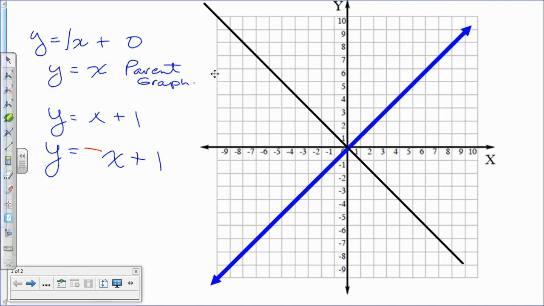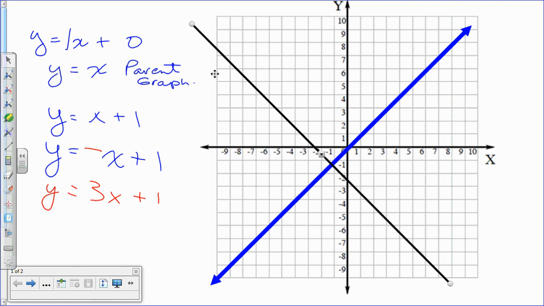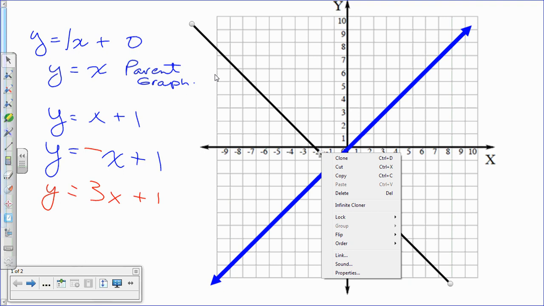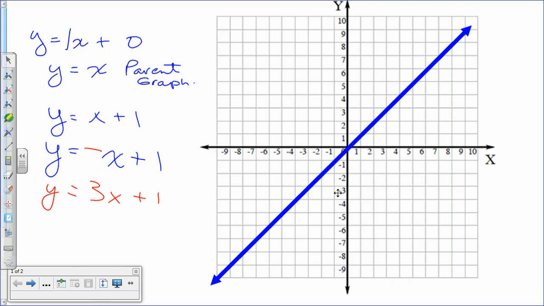Okay, what happens if my slope changes? What happens to my line here? What does it make it?